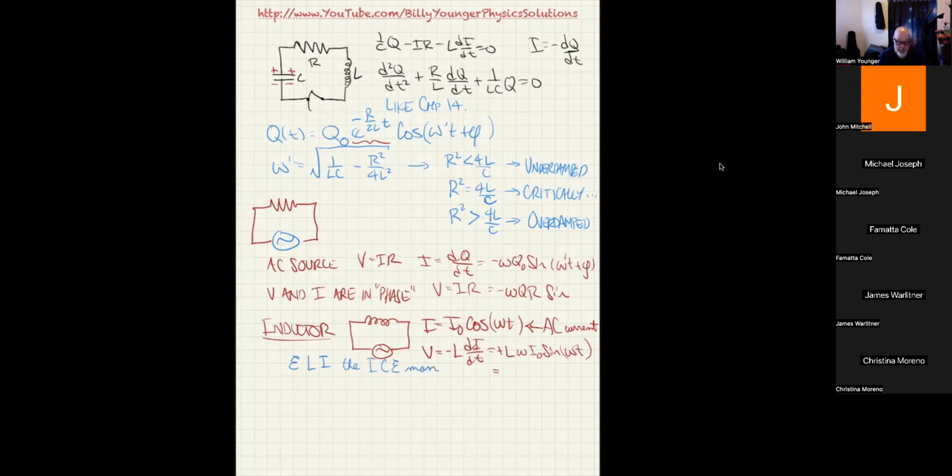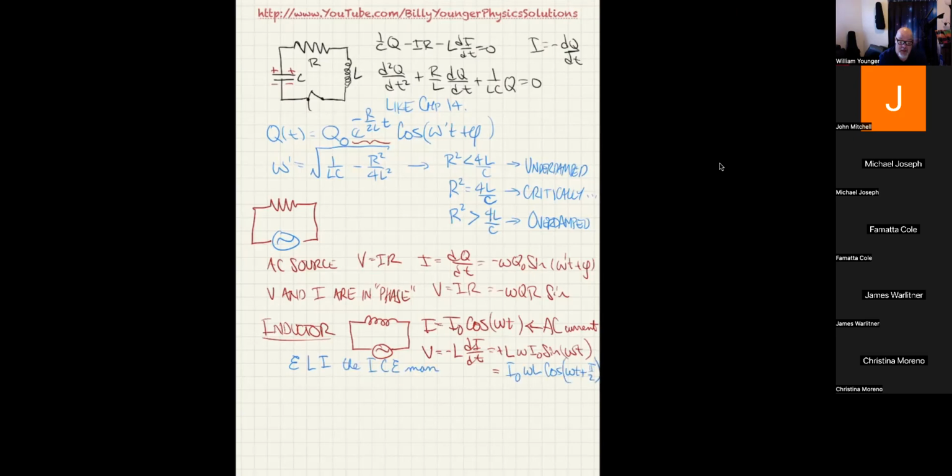What we see here is that this voltage is in fact I0 times omega L times cosine of omega t plus pi over 2. In other words, you can use an identity to see that.